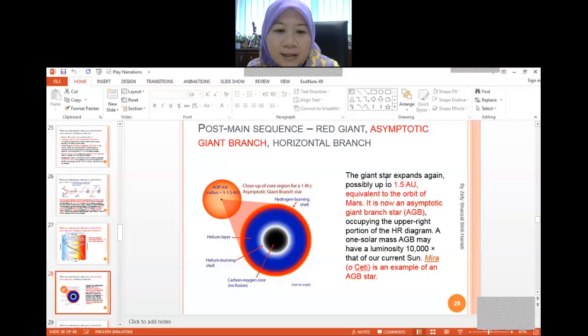So we have the helium burning shell outside the core, then the helium layer after the shell, and then the hydrogen burning shell after the helium layer. That is the stage of the AGB. The AGB radius is about 1 to 1.5 AU, astronomical units.